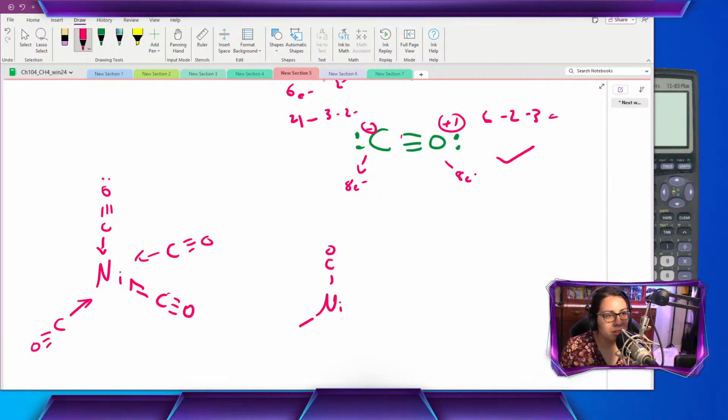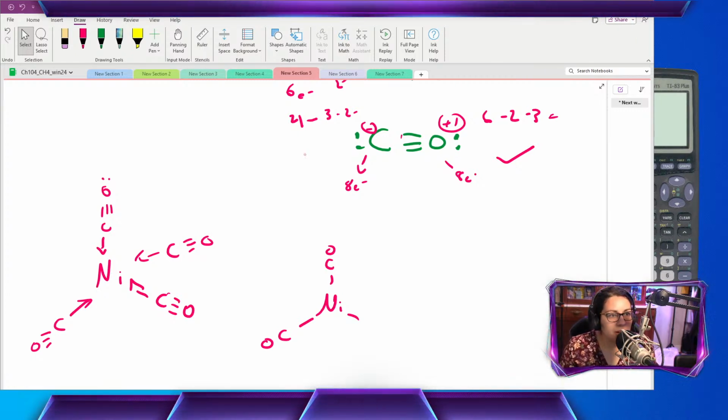nickel, sorry, totally blank. So nickel tetracarbonyl is the proper name. Totally blank today.